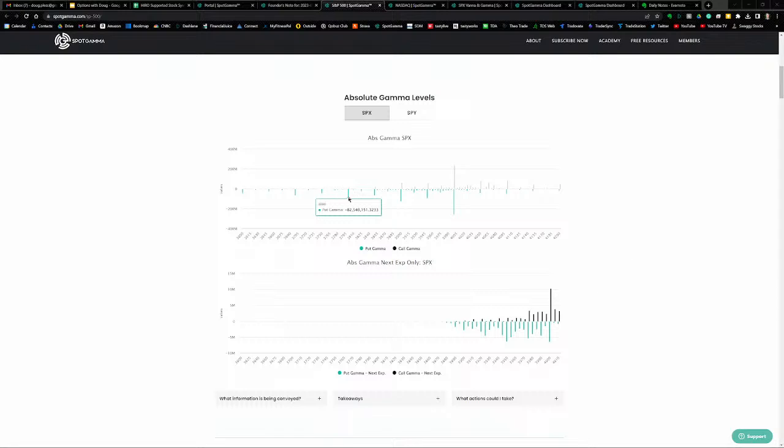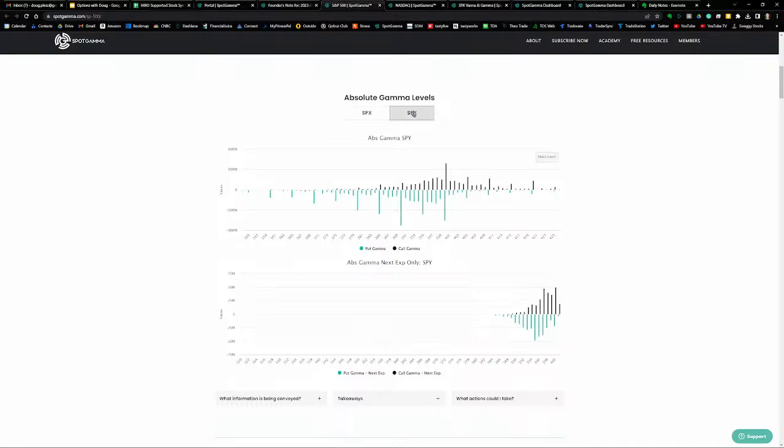And 3,800, the put wall, the strike with the largest net negative gamma, can be expected to act as support. And then there's the 4065 level, again the call wall, the strike with the largest absolute positive gamma, can be expected to act as resistance. So that's showing where the levels that I talked about earlier come from.